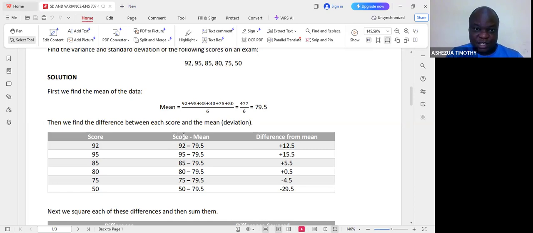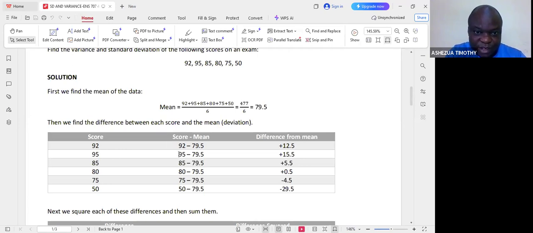So here is x minus x bar. In the next class, I'll be using mathematical notation. This mean here is x bar. All these scores are x. So this column here is x minus x bar. Your x here is 92, and your x bar is 79.5.